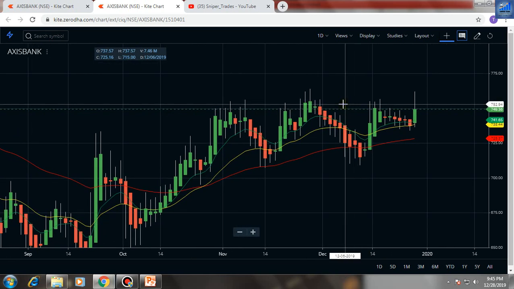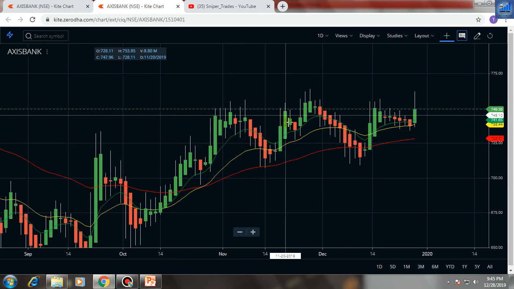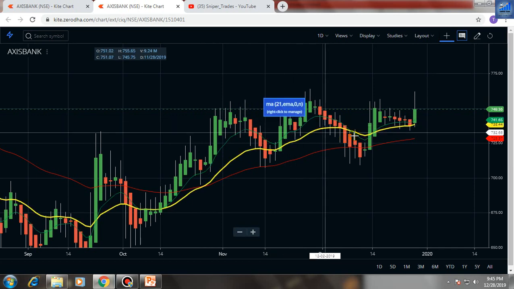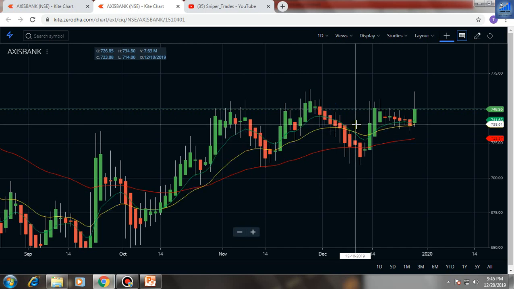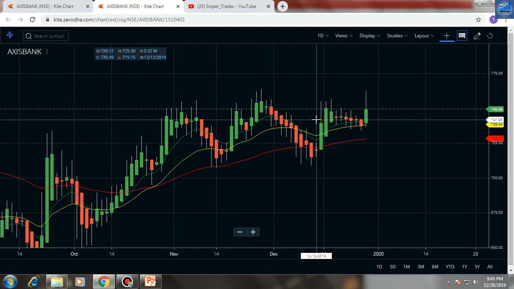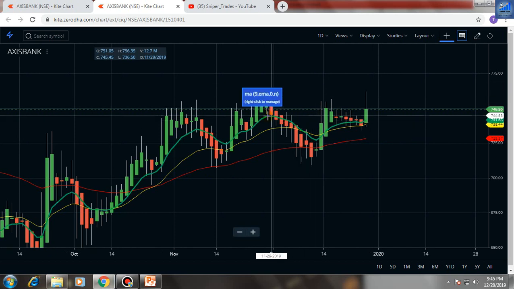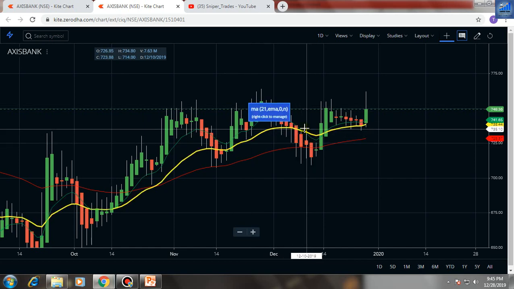My personal opinion is that if we are taking a position here, we can consider booking profits when the desired levels are attained. No need to wait for this crossover of moving averages into an opposite direction, because we know that moving averages are generally lagging indicators. Only after the price has moved significantly downwards will it show us the bearish direction.